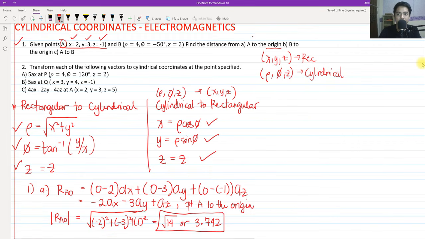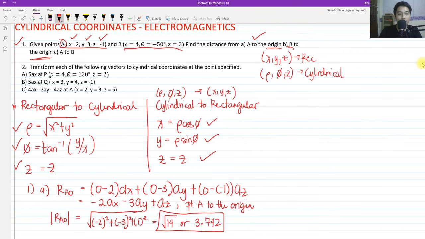So you see, if we are asked to find the distance of a certain point to the origin, it's much better to use rectangular coordinates. Now letter B: find the distance from point B, given in cylindrical, to the origin.